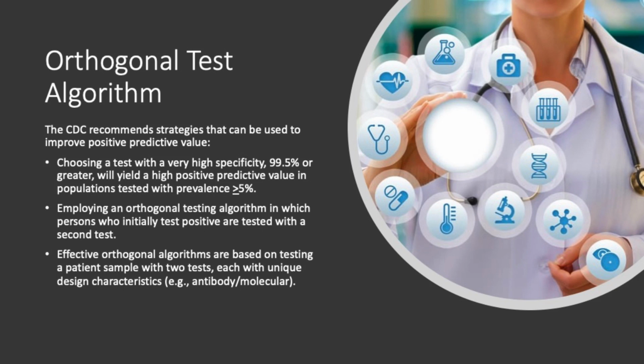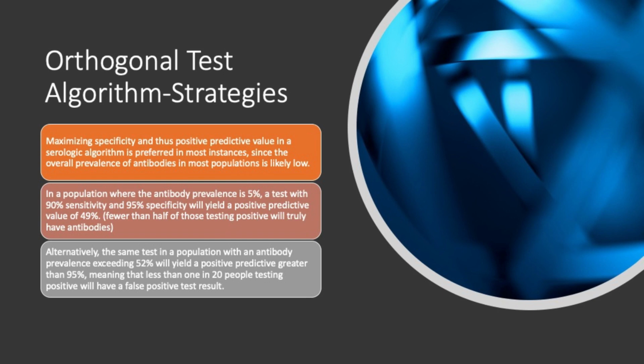Effective algorithms are based on testing a patient sample with two tests, as I've talked about. So that's where we talk about antibody and molecular. So combining the antibody test we talked about first and then a PCR test is also very desirable. So if we take those two combined tests, we improve our ability to detect infections in any given population.